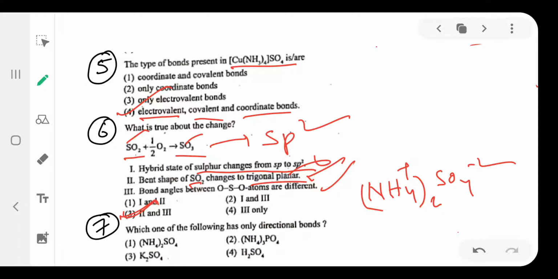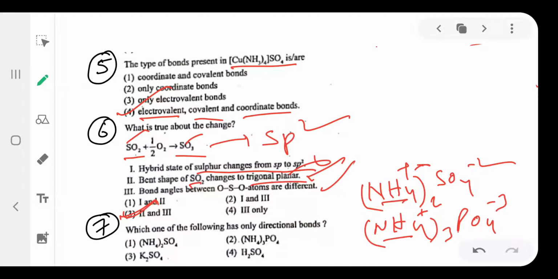(NH4)3PO4, here PO4 minus 3 and NH4 plus, 3 NH4 plus ions and 1 PO4 minus 3 ion are there. So here also between the ions an ionic bond is present. The ionic bond is non-directional, but within NH4 there is also a covalent bond. These two compounds have covalent bonds within the ions and ionic bonds between the ions.